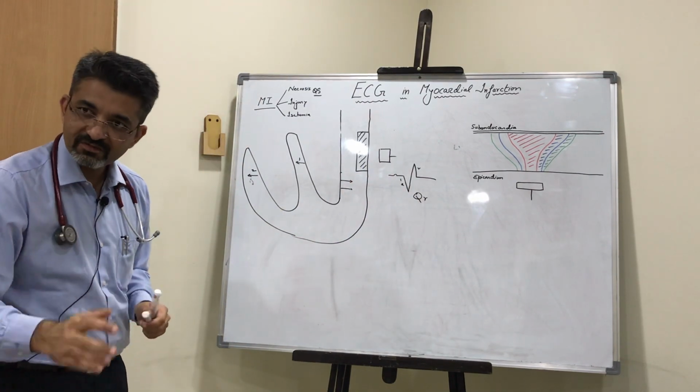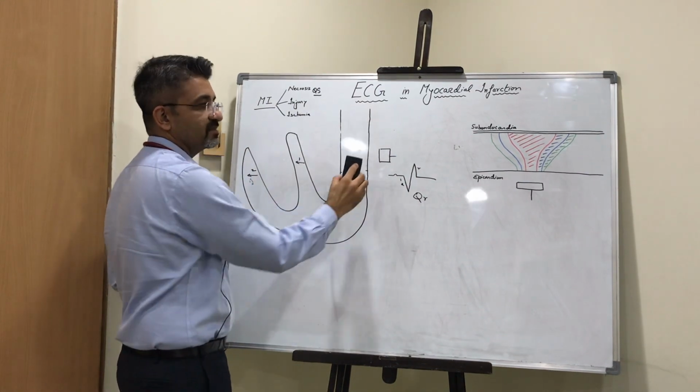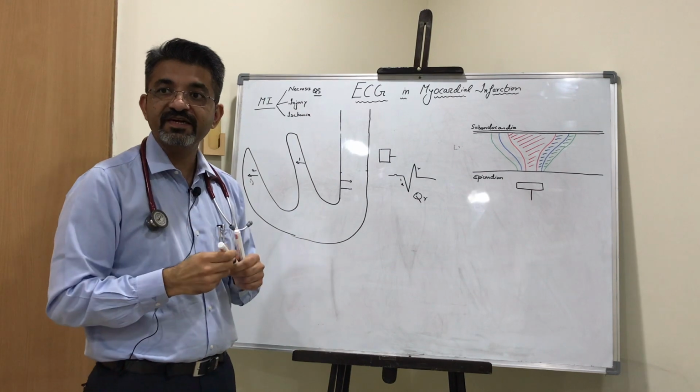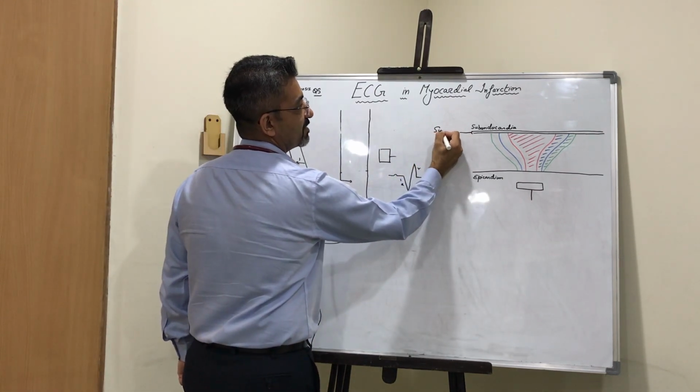Most of the infarctions are epicardial. That means they have a subendocardial rind. See, there is a gap here. This is known as subendocardial rind.